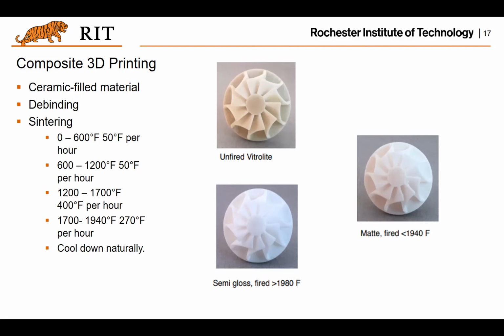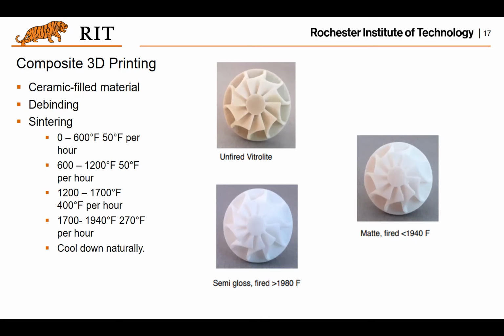But that part is a so-called green part, meaning the metal particles or ceramic particles are not fused together, right? It has no stiffness. What you want to do is debinding to burn out those polymers, and then do the sintering.